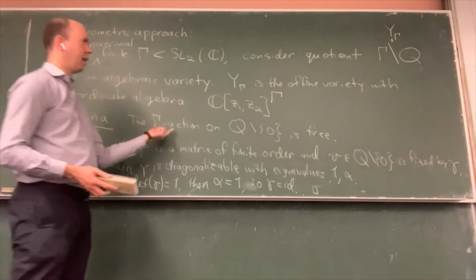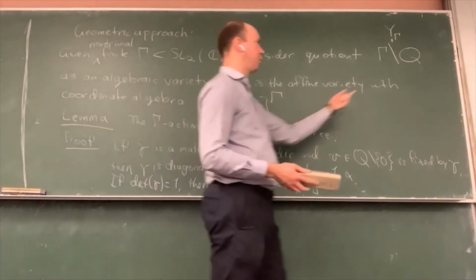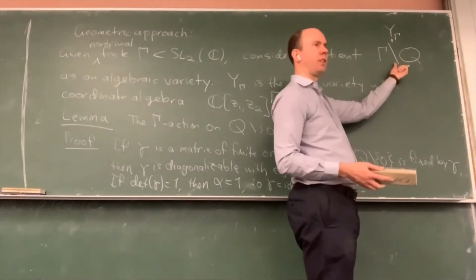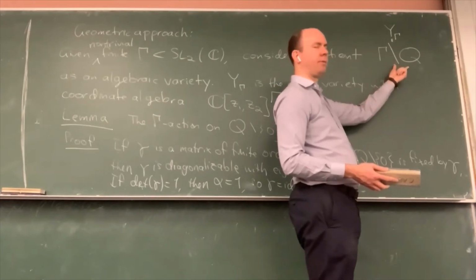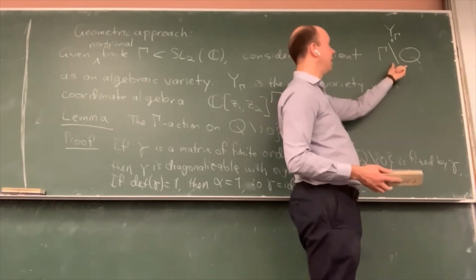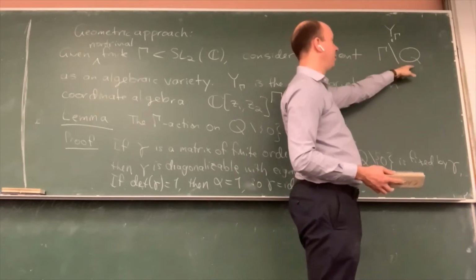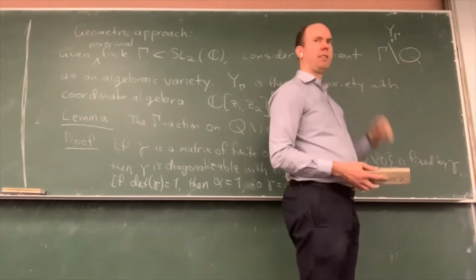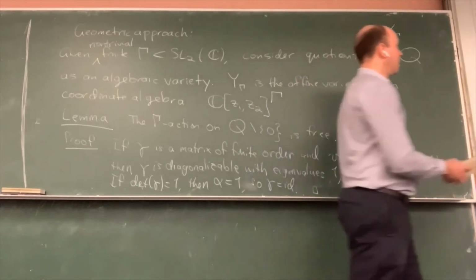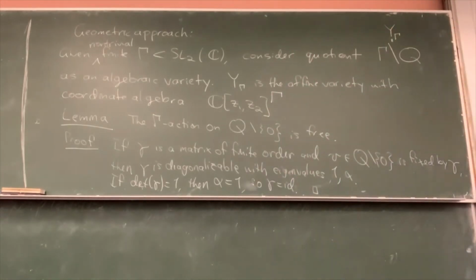This means that when you take the quotient, if you throw away the origin, this is a free quotient, and as we've seen in previous lectures, that means that you get something smooth. But if you include the origin, then you have a singularity at the origin. These are what are called the Kleinian singularities.